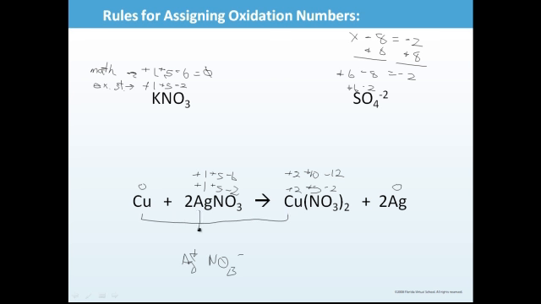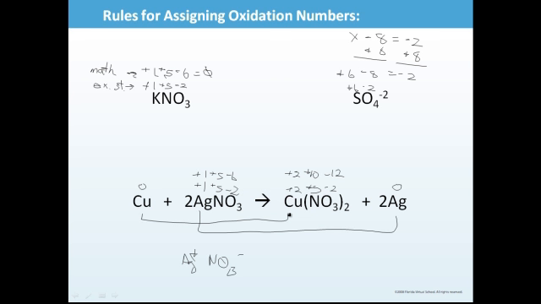Silver starts out positive 1 and ends up 0 on the product side. So that definitely changes oxidation state. Nitrogen goes from plus 5 to plus 5, so no change there. Oxygen goes from minus 2 to minus 2, no change there.